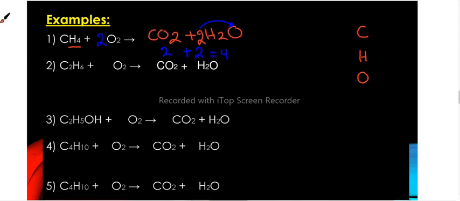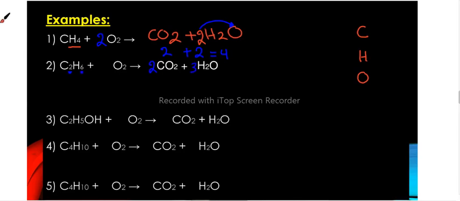Now, we're going to continue with the others and we're going to see the difference. In the second example, I have 2 carbons, I have only 1, so I will multiply by 2 for the carbon dioxide. Talking about the hydrogen, it's a 6 here and the 2 here, so I'm going to multiply by 3.